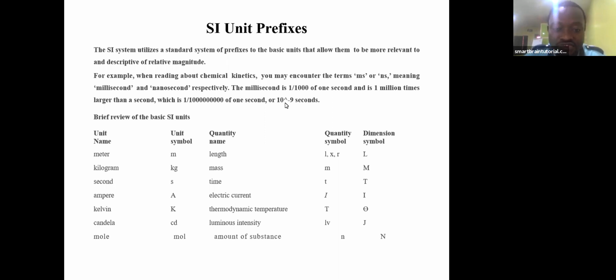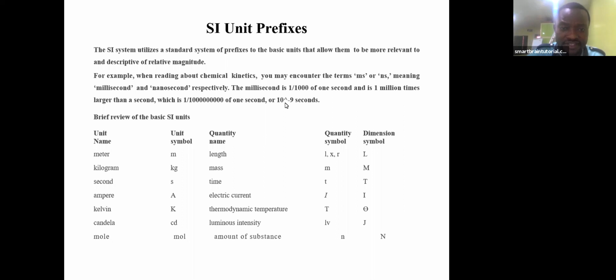Its unit symbol is A. The ampere is the unit for measuring electric current. The quantity symbol is small i, while the dimension symbol used to derive a mathematical equation for it is capital I.